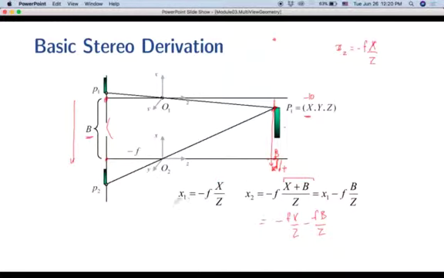Because x1 was minus fx over z, I can now compute z. I take x1 minus x2 to that side, then I invert the whole thing. So z is equal to fb over x1 minus x2. That's it, because that's what I was after. I was after finding z as a function of image coordinates, which are these x1 minus x2.